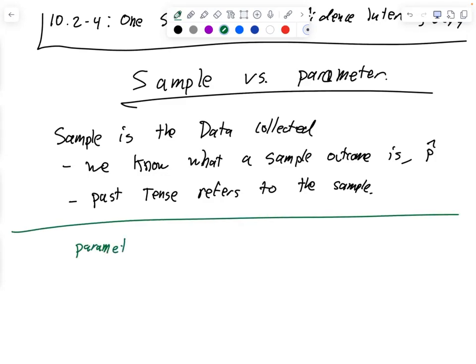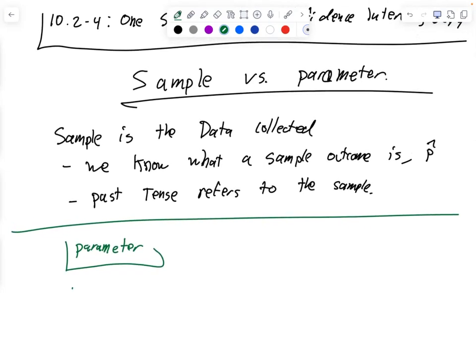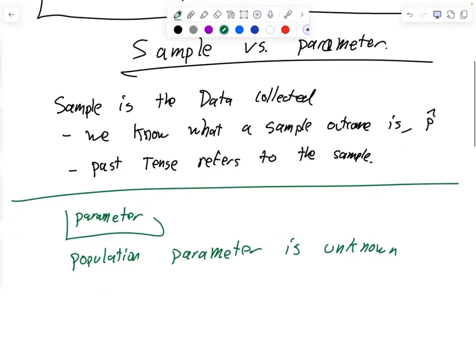Parameter. The population parameter is unknown, all right?